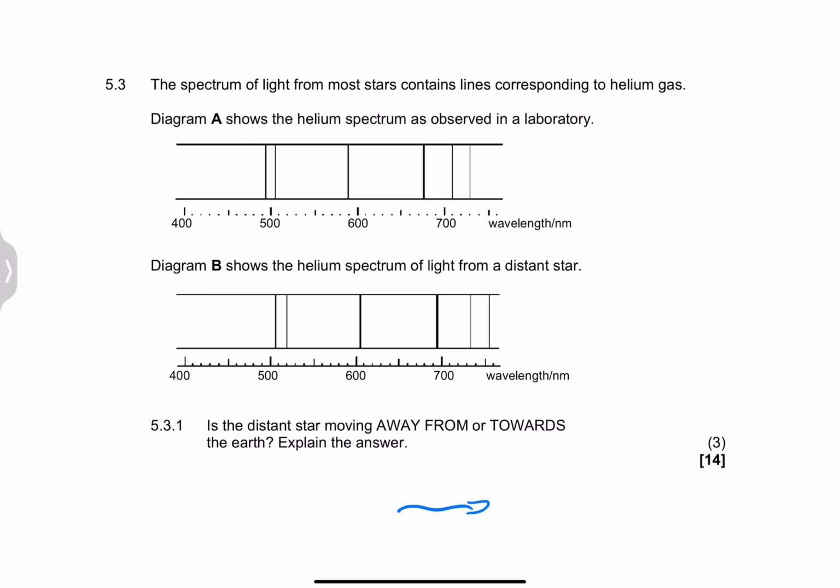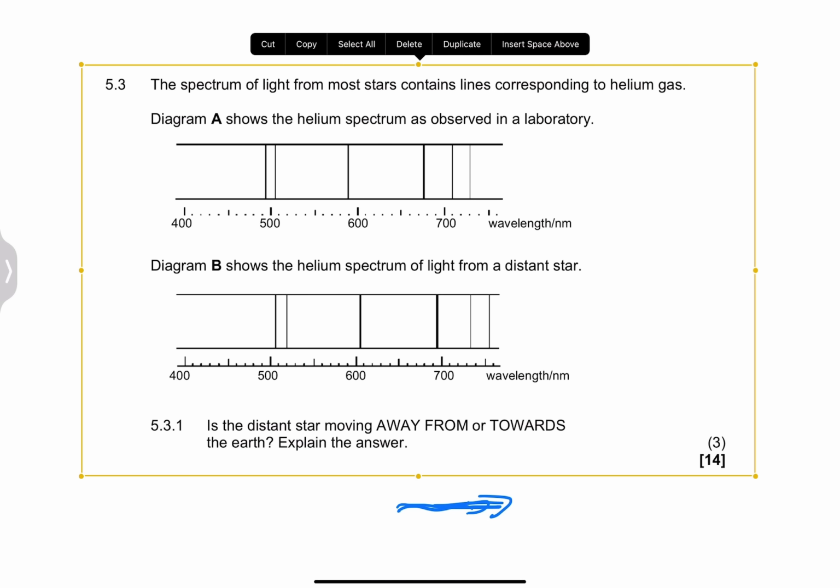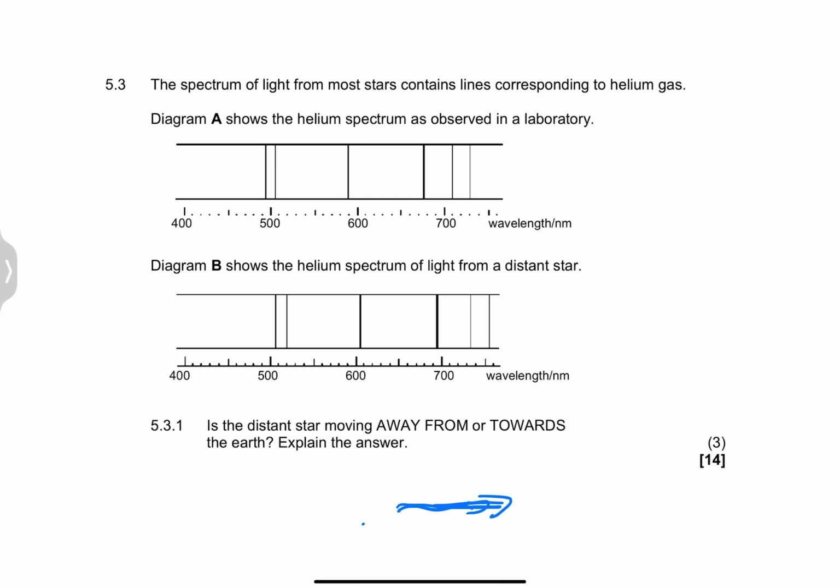So when I look at the distant star, my frequency actually decreases, because I'm moving towards greater wavelength. If you just look at that 500 line there, the lines were just between the 500 in the first scenario. But now the lines have moved slightly to the right, to a higher wavelength, so it means lower frequency.